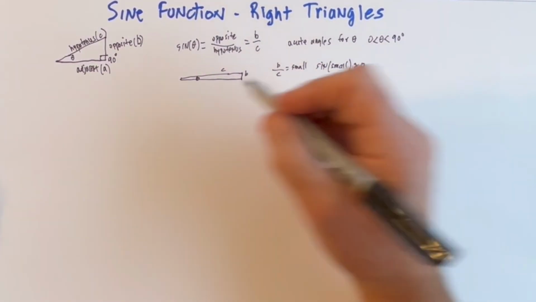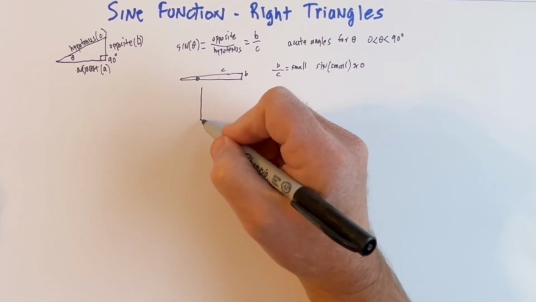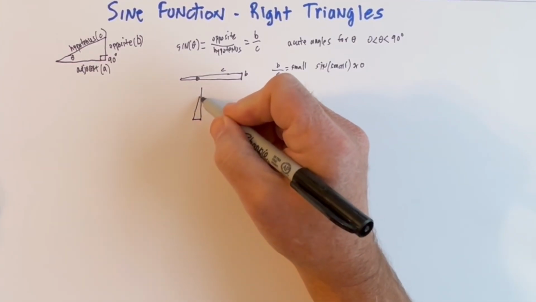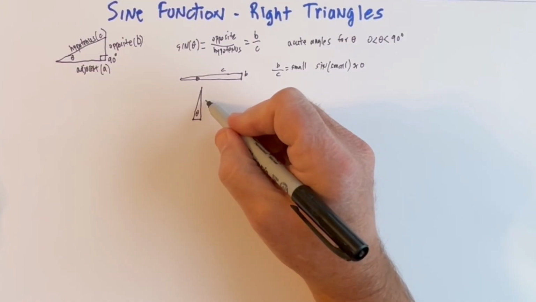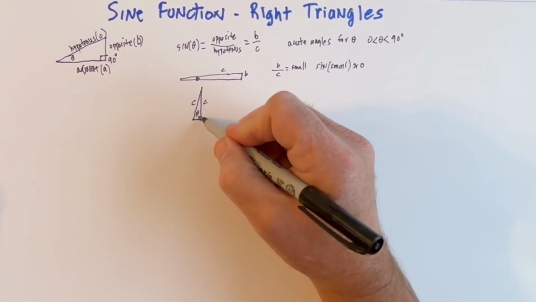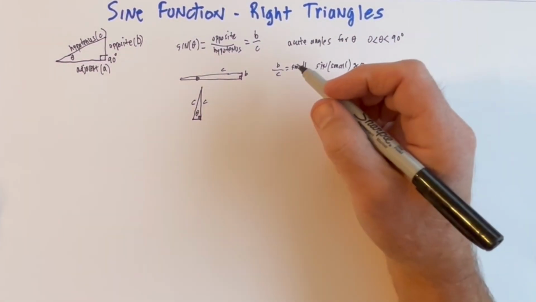Now let's take the other case, where we've got a big angle theta. So there's our angle theta, this is going to be our B, there's our hypotenuse, and there's our right angle.